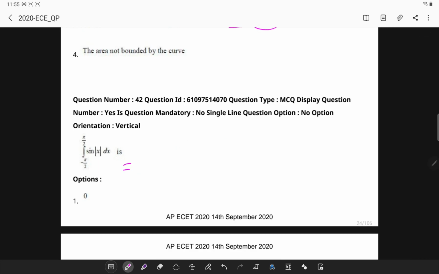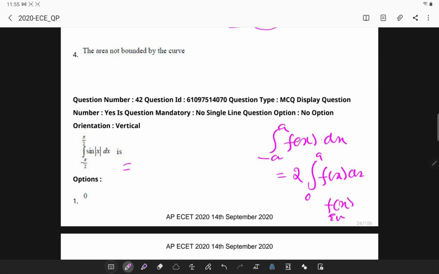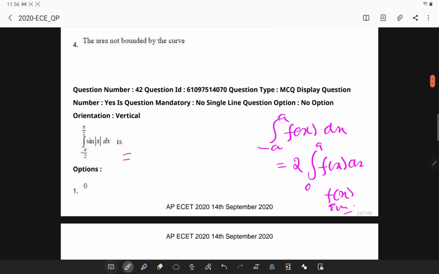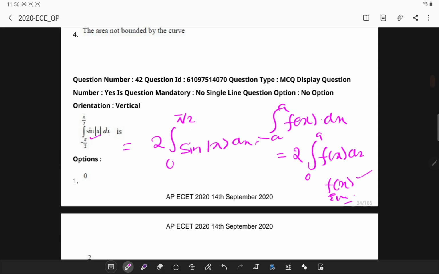If you remember this property, integral minus a to a f of x dx is nothing but 2 times integral 0 to a f of x dx if the function is even. In this case, sine mod x is an even function, therefore I can directly write it as 2 into integral 0 to pi by 2 of sine x dx.